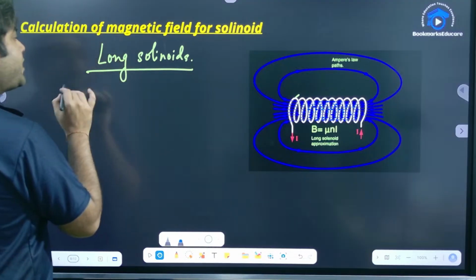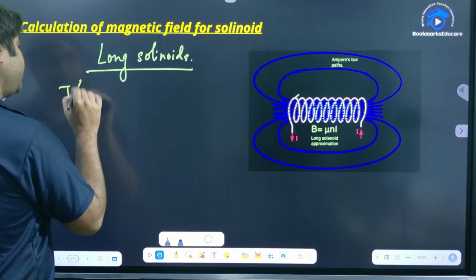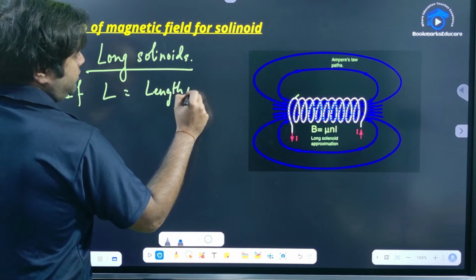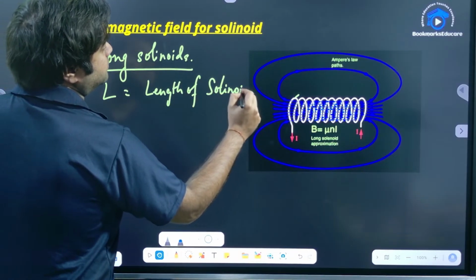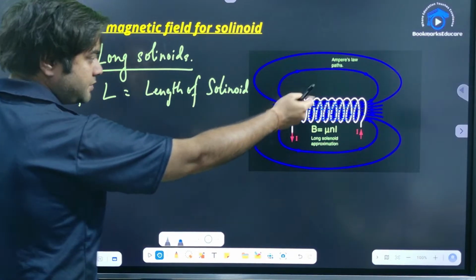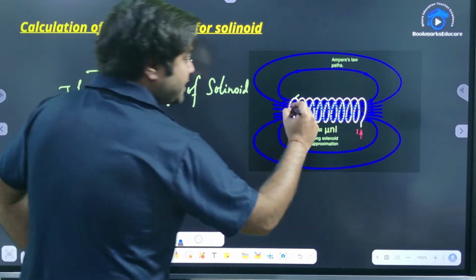ये long solenoid क्या है? Suppose L is the length of solenoid, और यहां पे देख पा रहे हो there is a circular formation, so there must be a certain amount of radius.